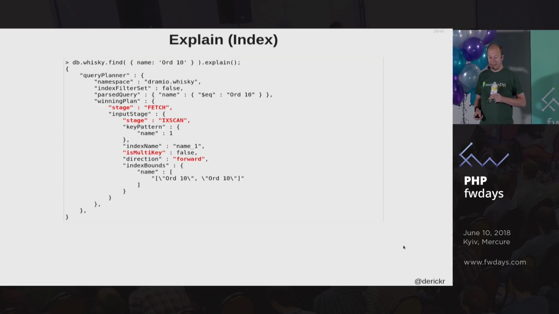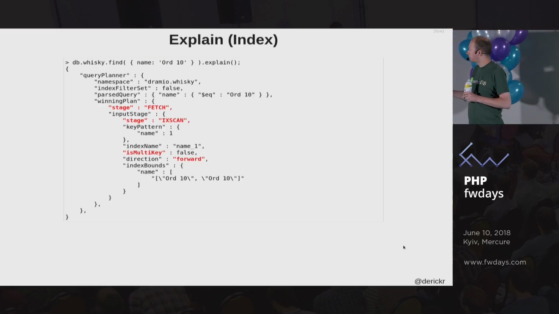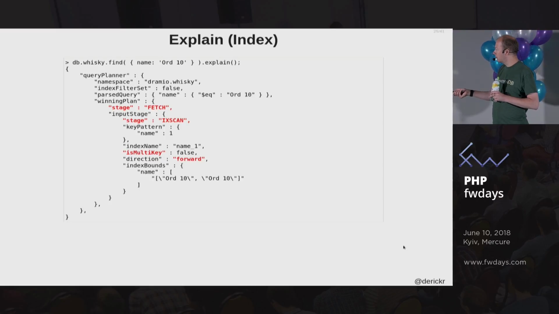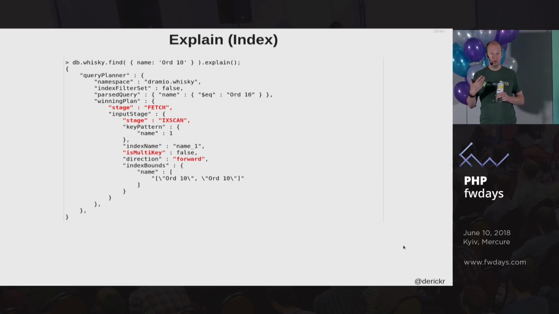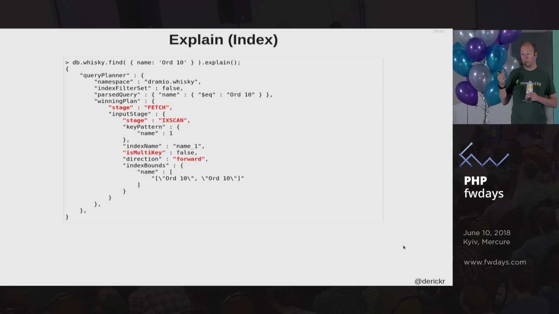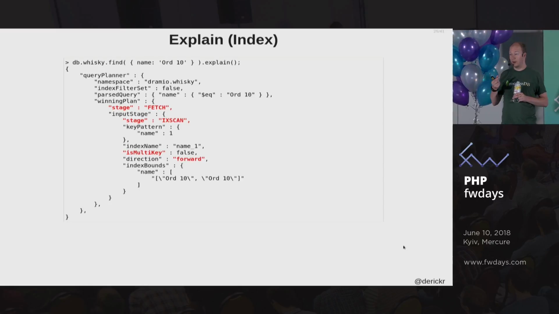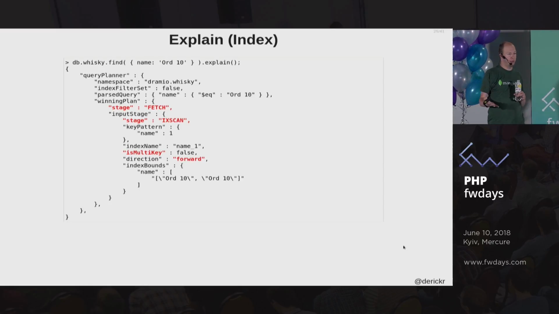So in this case, there's an input stage here, and the input stage says a stage, it's an IXSCAN. That stands for index scan. That basically means that we're able to answer this query by using an index. If you get the words COLLSCAN there, that stands for collection scan, that is your MySQL full table scan, which you want to avoid.